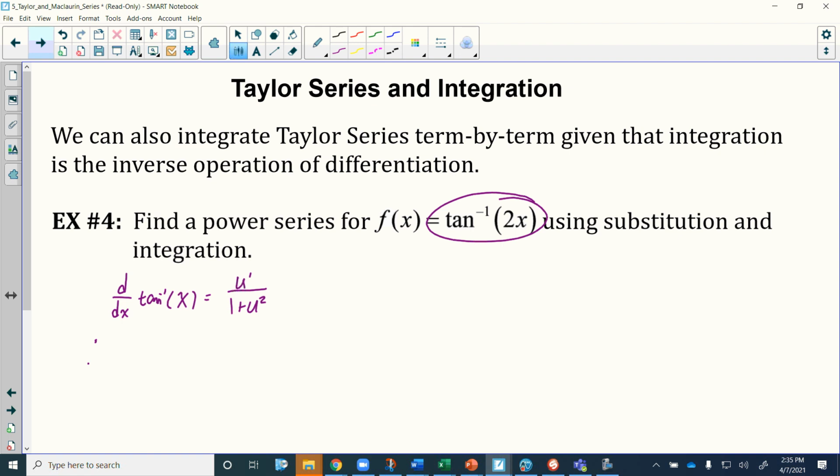Therefore, according to what we know about the expression that was given to us, the derivative of tan inverse of 2x, where u in this case would be the 2x, I can recognize that u prime, the derivative of u, will be 2, and u squared will be 4x squared.